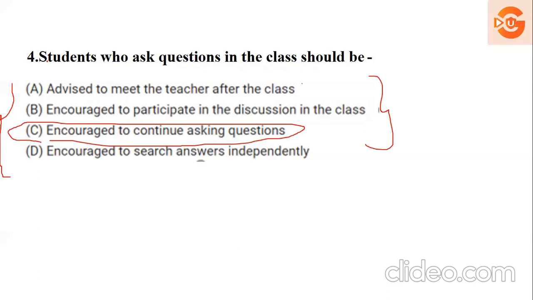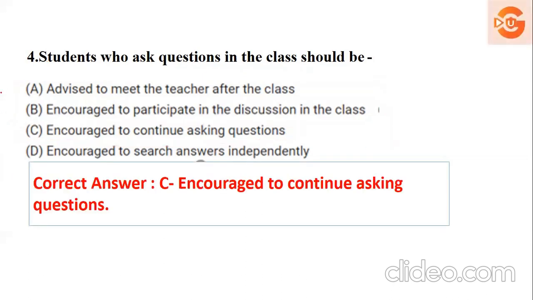So when there are students who are continuously asking questions, it means they are improving their analytical ability, and teachers should encourage such students to continue asking questions. The analytical mind will help the child to develop and grow day by day. So the answer is option number C, encourage to continue asking questions.